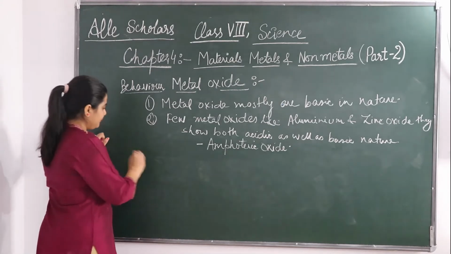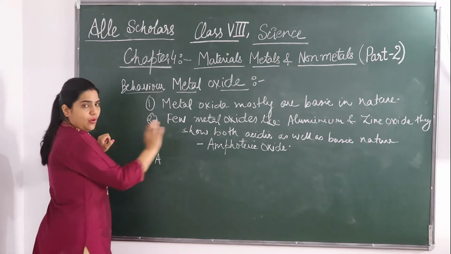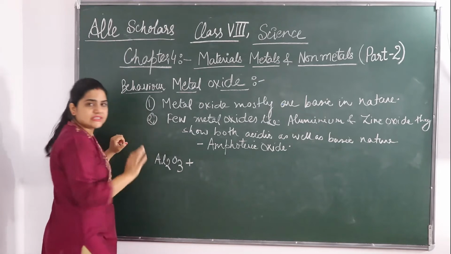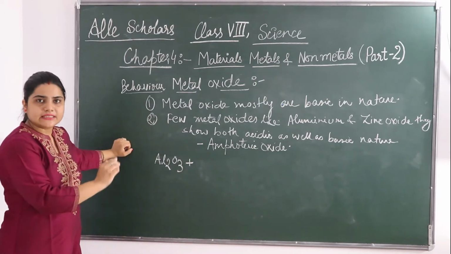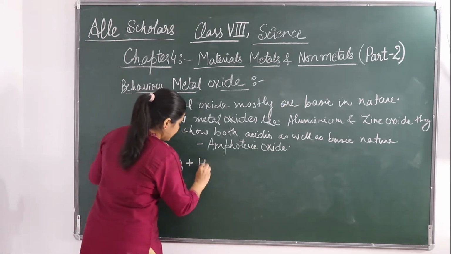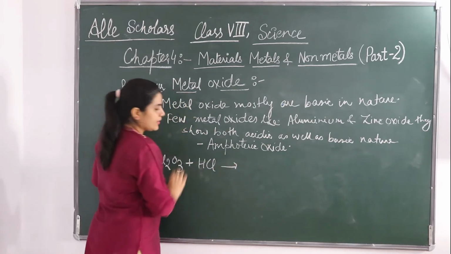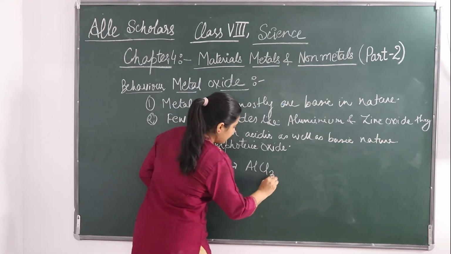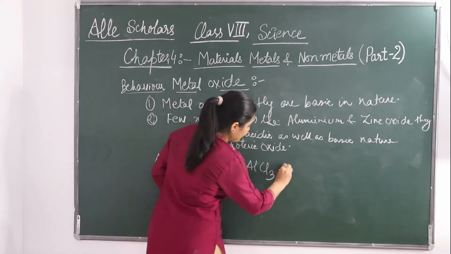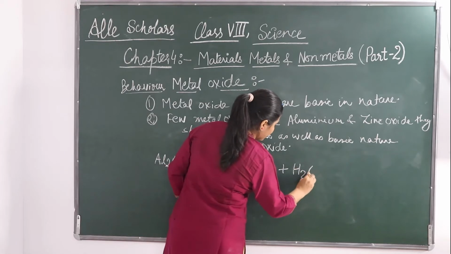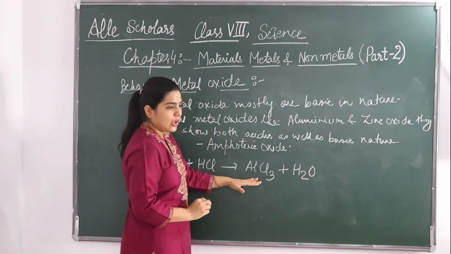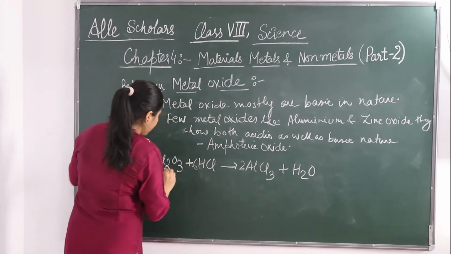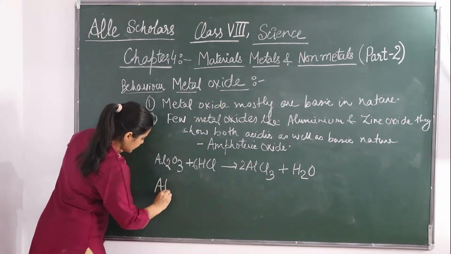Let's see how aluminum oxide shows acidic nature and basic nature. First we take aluminum oxide, Al2O3, and an acid, hydrochloric acid, HCl. It gives AlCl3 plus H2O, so salt plus water is formed. Now let's take a base.